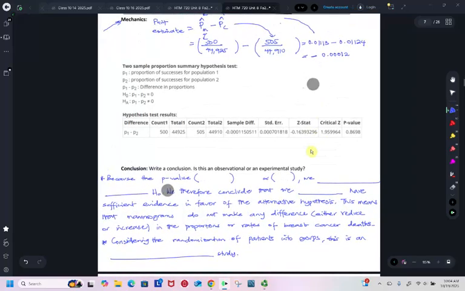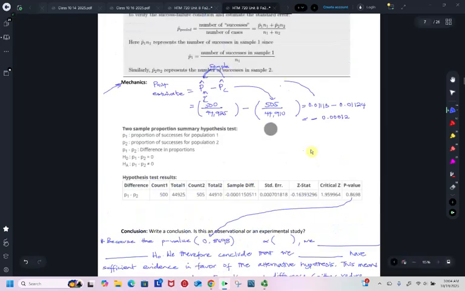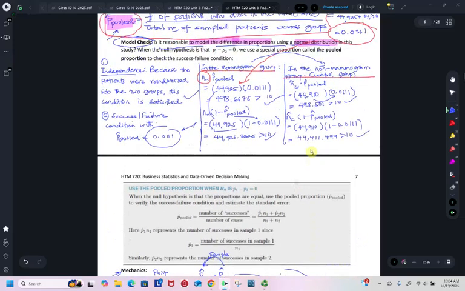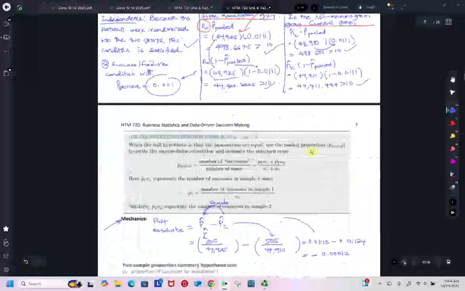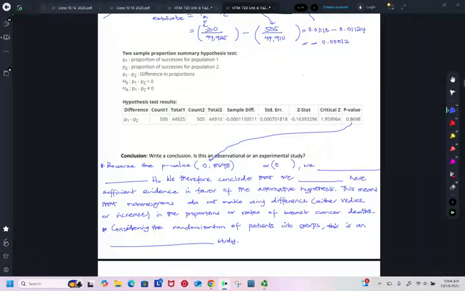So our conclusion is as follows. The p-value here, the probability value, is 0.8698, and the alpha value at which we have conducted this, the level of significance, is 0.05. You'll notice that the p-value is definitely greater than your alpha.